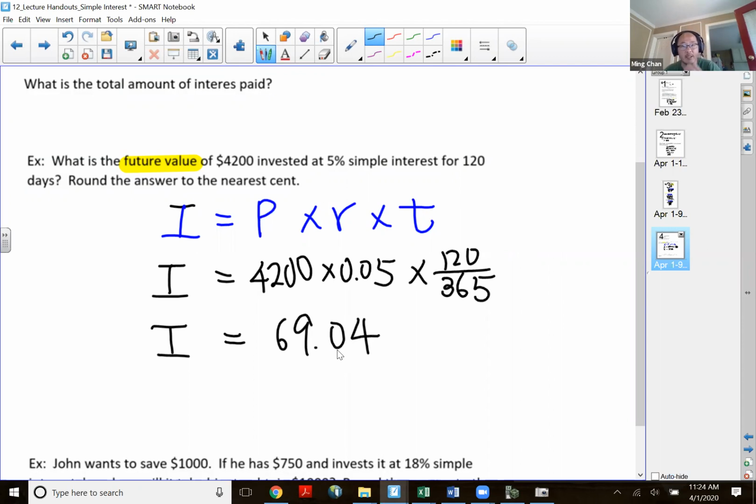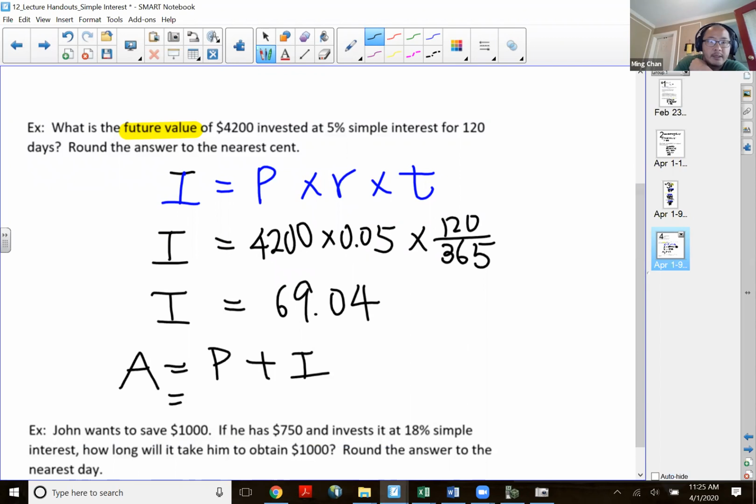So at the end of 120 days, how much money should be in my bank account? My future value, and most of the time we use a calculator A to stand for future value, will be the principal, what I lent to the bank, plus the interest that I earn. So that will be 4,200 plus 69.04, which gives me $4,269.04. That's how much money will be in my bank account.